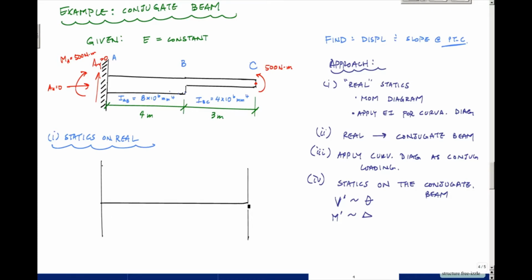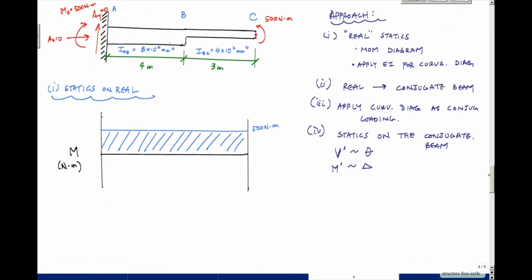For my moment diagram, in Newton meters, it will simply be constant all the way across, like so. And these are just 500 Newton meters, and this is my moment diagram. Okay, that's not too bad, hey?